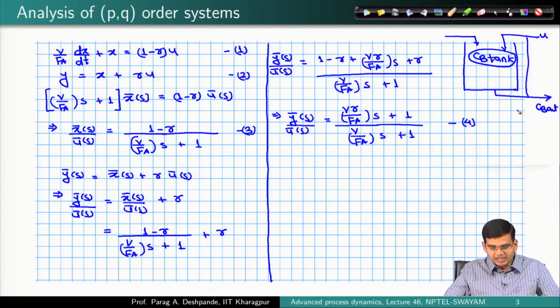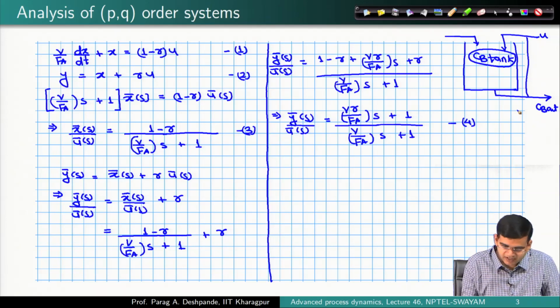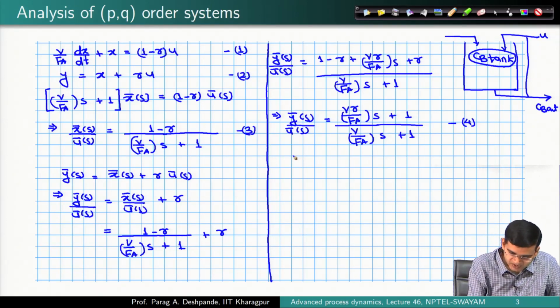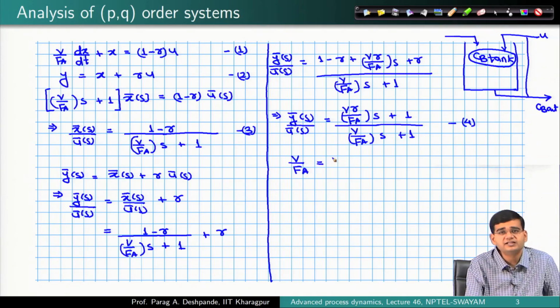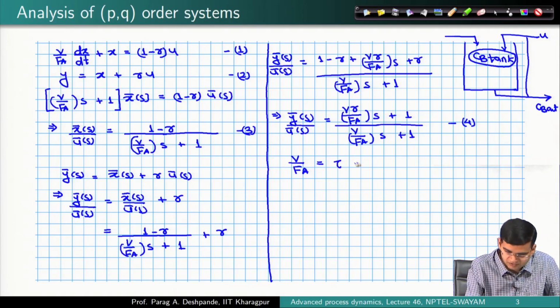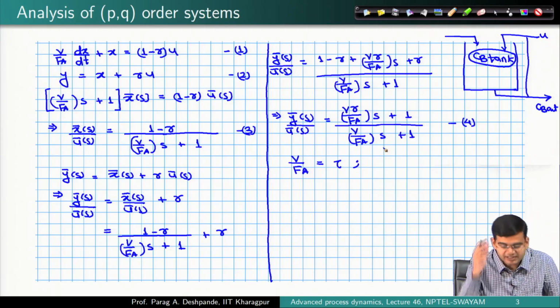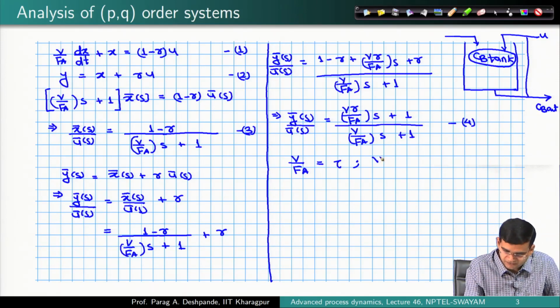But lastly, what we can see is that if I declare V by F A as a quantity, and I told you that this seems to be the time constant of the system, if I declare it as a constant quantity tau, then in the numerator I have some different quantity, and let me call V R by F A as zeta.